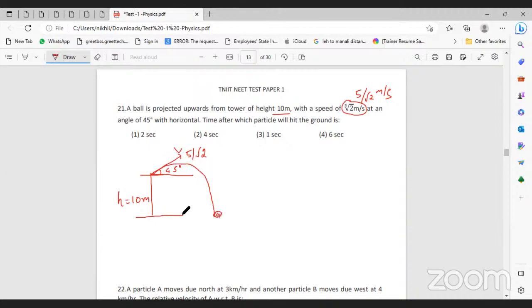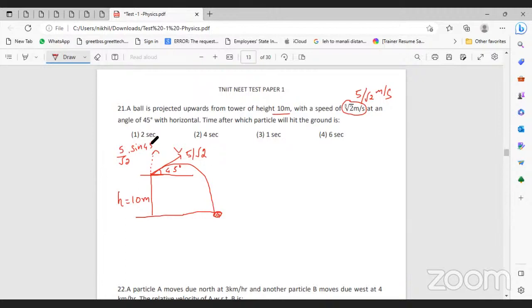Now, you have to find the velocity in the vertical component. The vertical component of velocity is 5 by root 2 into sine 45. What is sine 45? It is 1 by root 2.